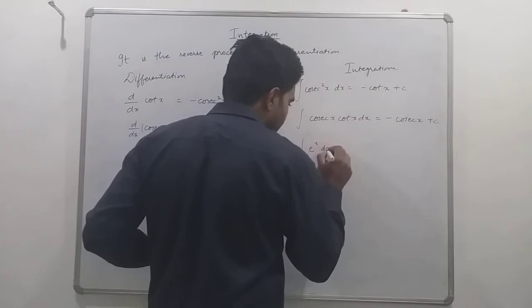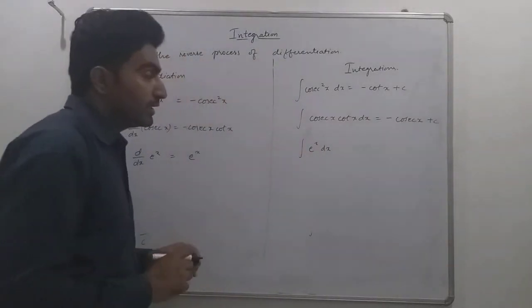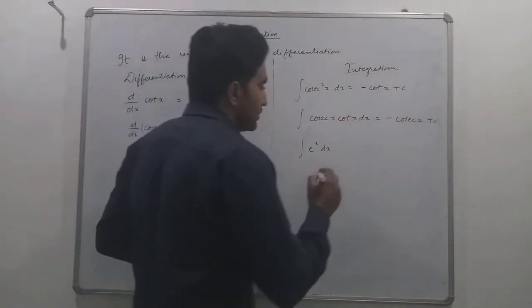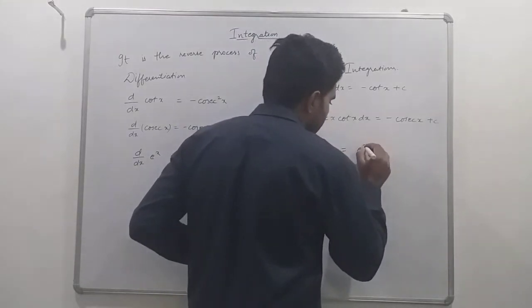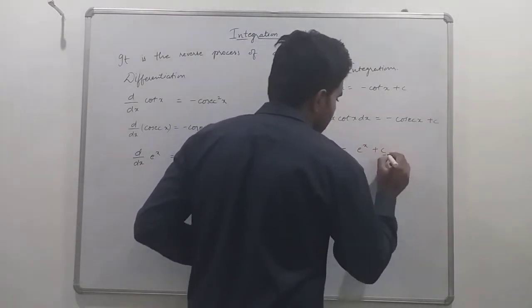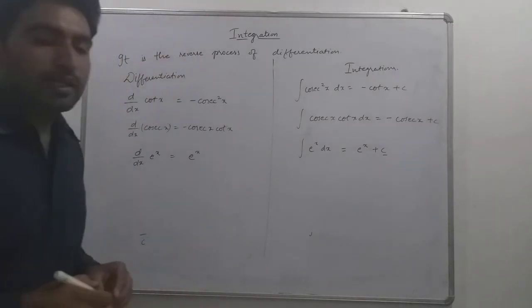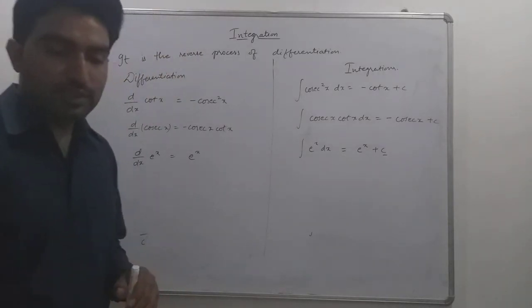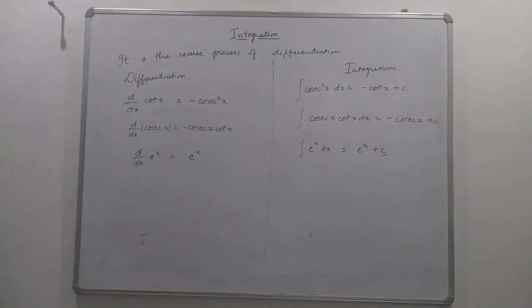The same formula is applied in case of integration. Integration of exponential x is equal to exponential x plus a constant of integration. The difference is that here a constant of integration comes with the integration of exponential x.